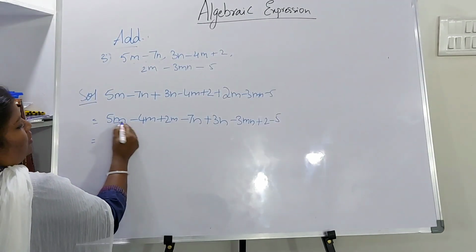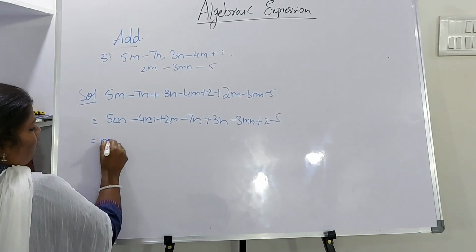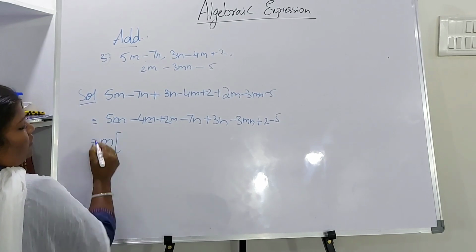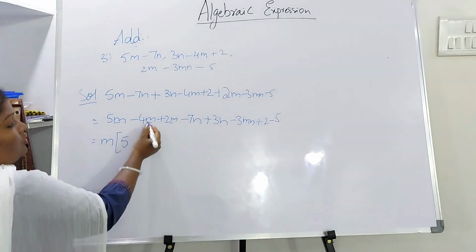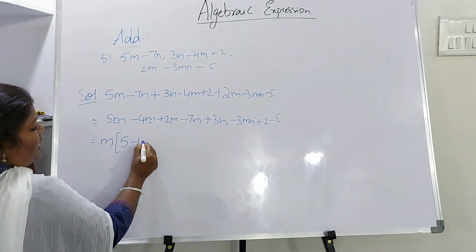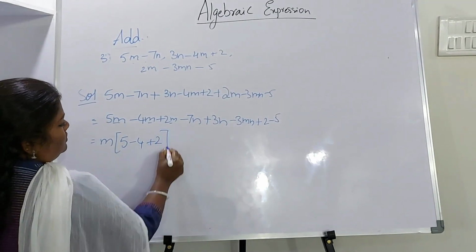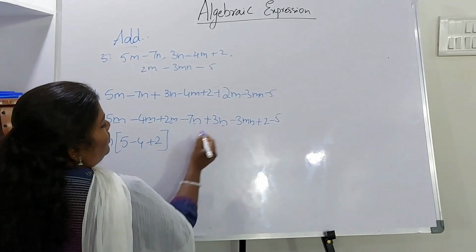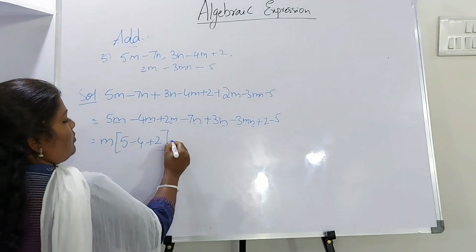Now because in these three terms m is common, take m common out and write the coefficients. The coefficient of m is 5 and here the coefficient of m is minus 4. The coefficient of m is 2, and here you have n common. So take n common out.